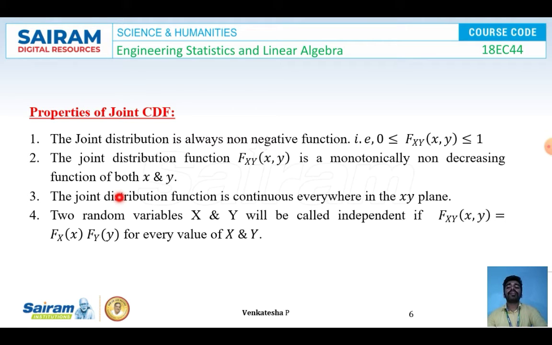Third property: the joint distribution function is continuous everywhere in the xy plane. Fourth property: two random variables X and Y will be called independent if F_XY(x, y) = F_X(x) · F_Y(y) for every value of x and y.